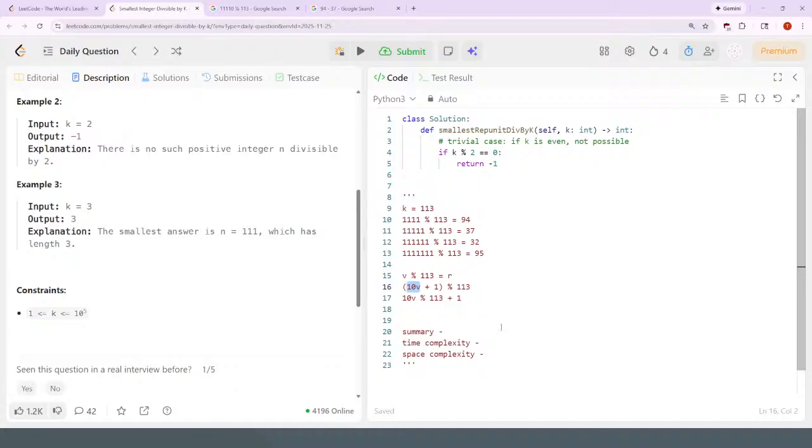10b plus 1. Well, so if 4 ones mod 113 is 94, so if I do 10 times this, we'd have to do the same thing as 94.